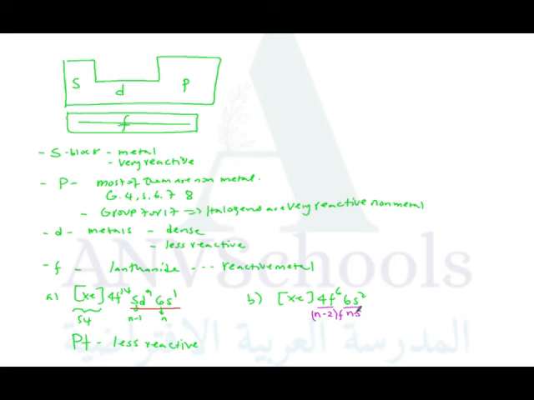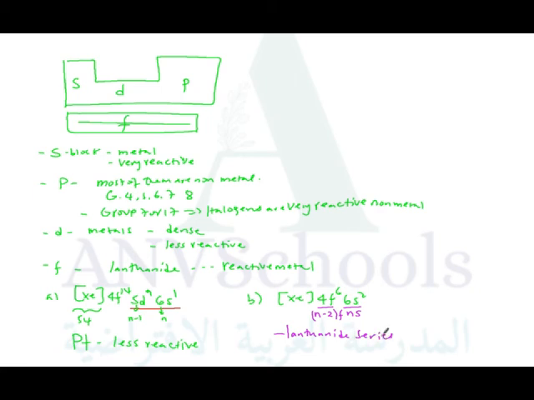Had it been a transition metal, it would be n minus 1 and ns. So if it is n minus 2, it is F block lanthanide. So that is one of the lanthanide series.